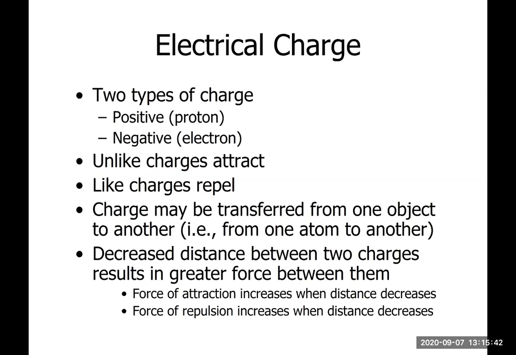As I just mentioned, there are two types of charge. That is the positively charged proton, which we designate as +1, and the negatively charged electron, which we designate as -1.